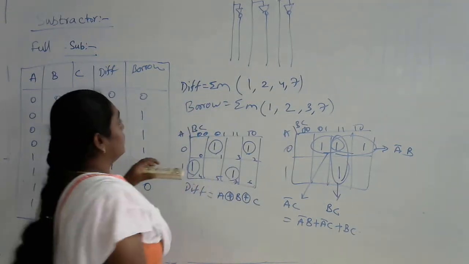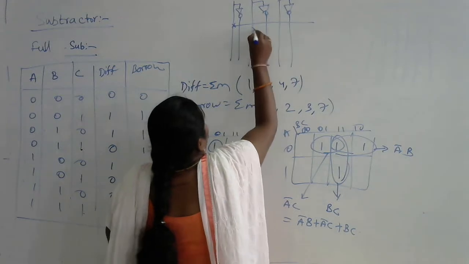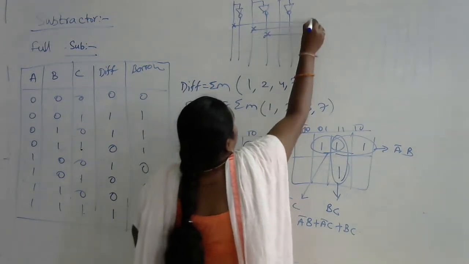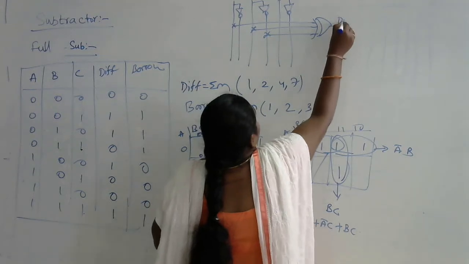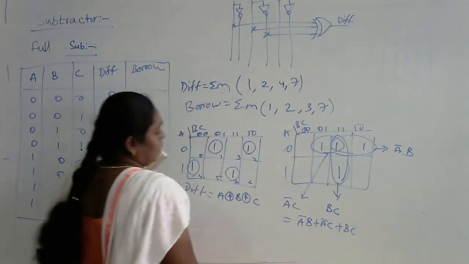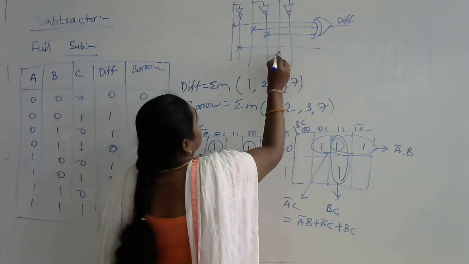Here the difference is A XOR B XOR C. This is difference. Borrow is A bar C. This is A bar. This is C.